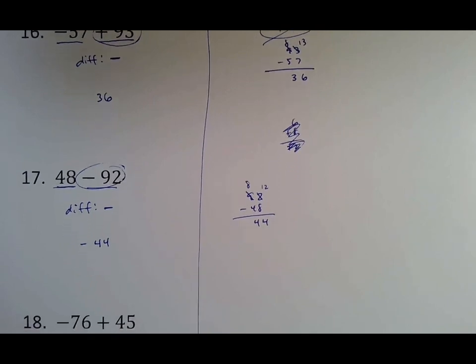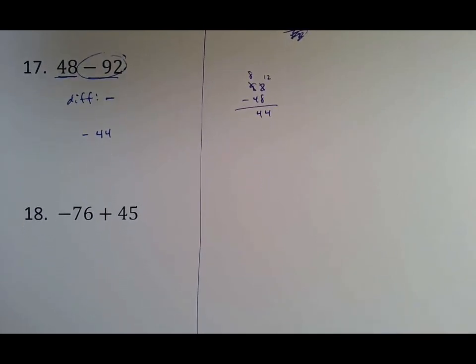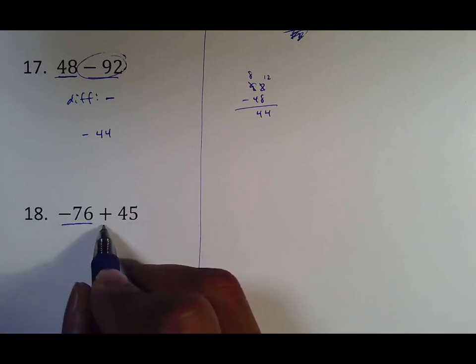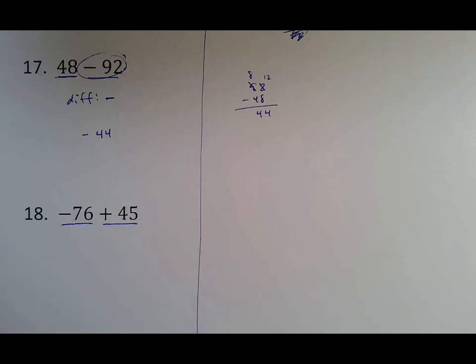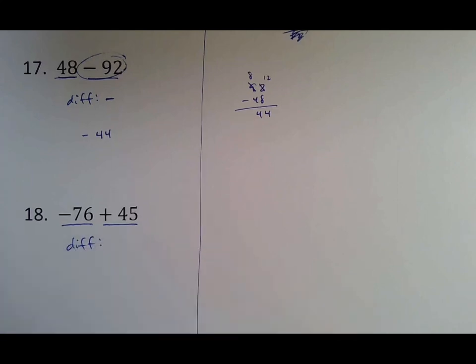Almost done. Number 18. Again, we have a negative 76 and a positive 45. Take a second. Are these two signs the same or different? And then take a second.